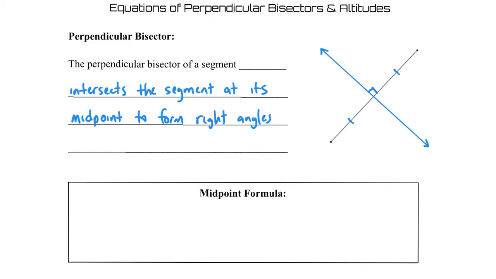So what would that look like? We use capital M for midpoint, and our equation is going to be add together your x values and divide by 2, comma, add together your y values and divide by 2. There's your midpoint formula. Average of the x's, average of the y's. And it looks like this because it's the coordinates of a point.